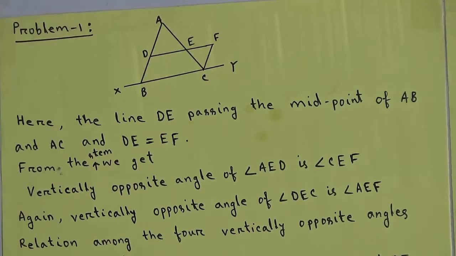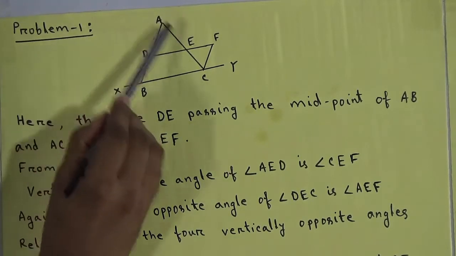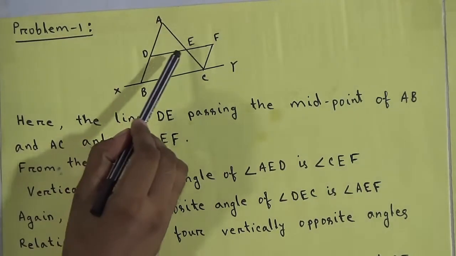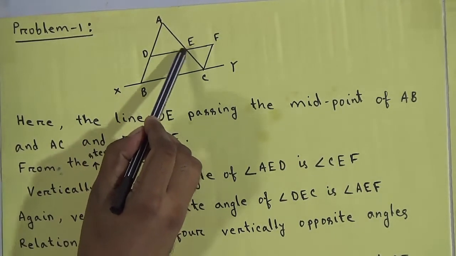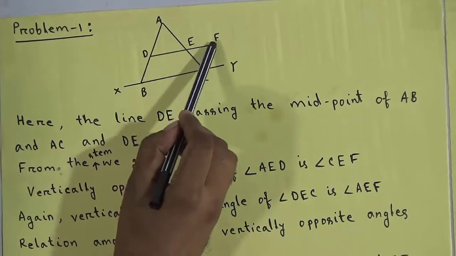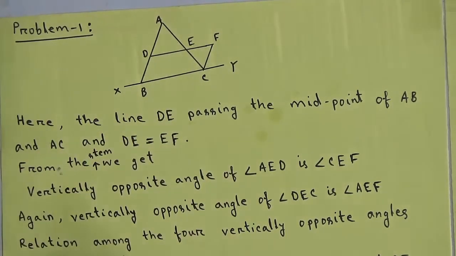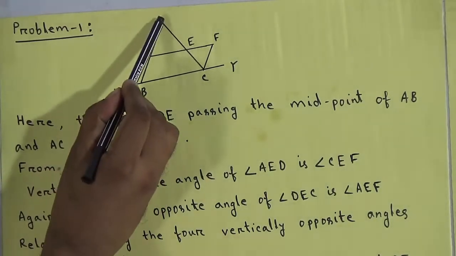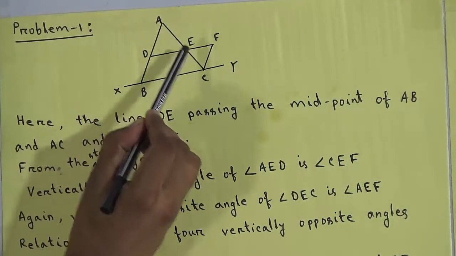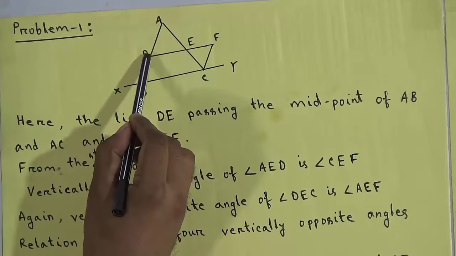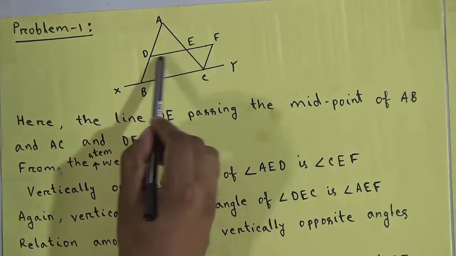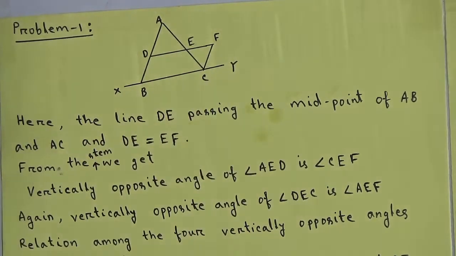Dear students, here the line AE meets the point E of the line segment DF. Again I am telling, please pay careful attention. Here the line segment AE meets at the point E of another line segment DF. Therefore, two angles are formed.